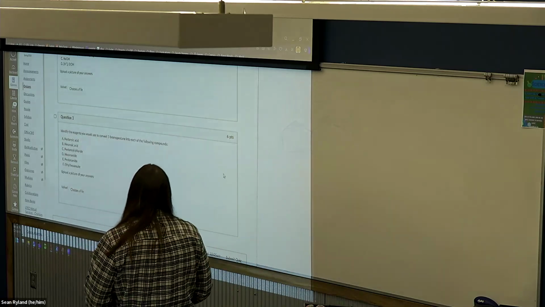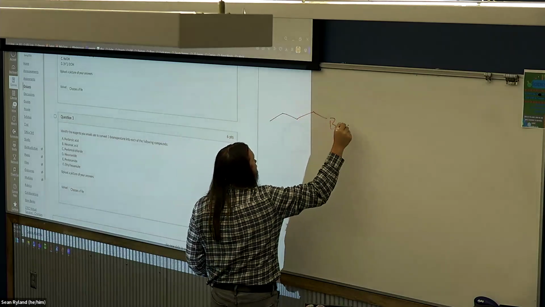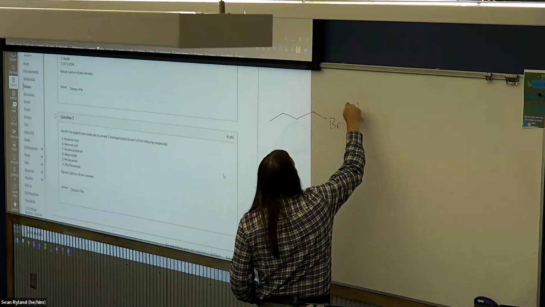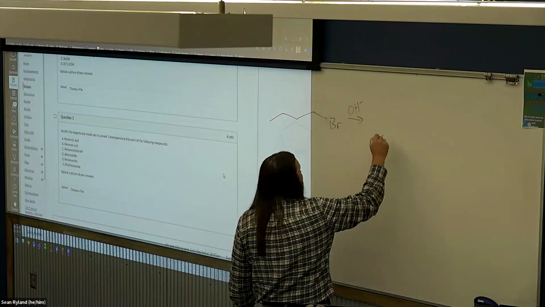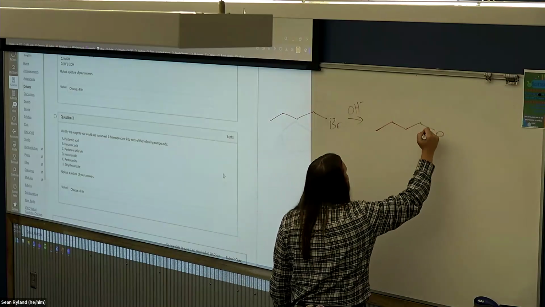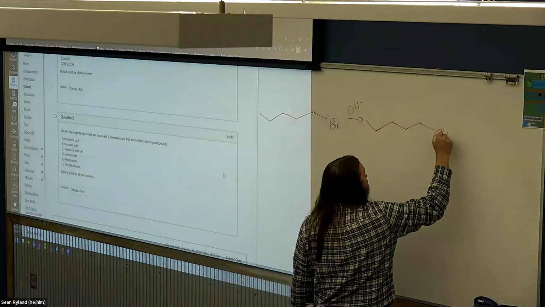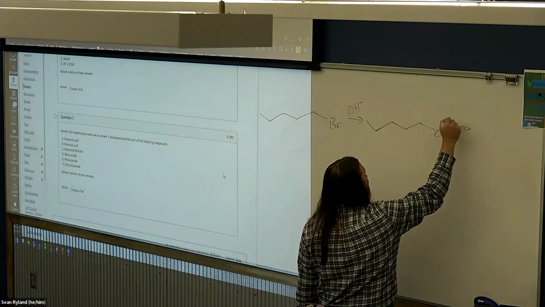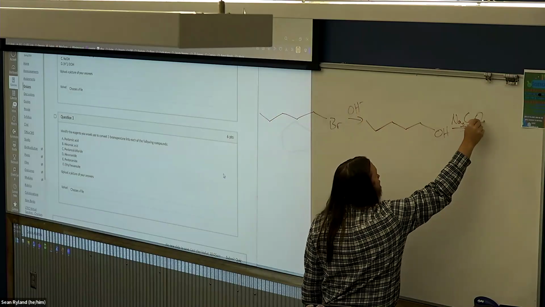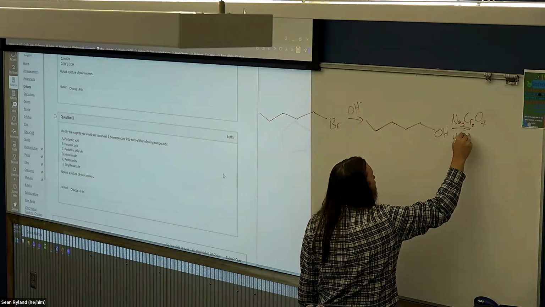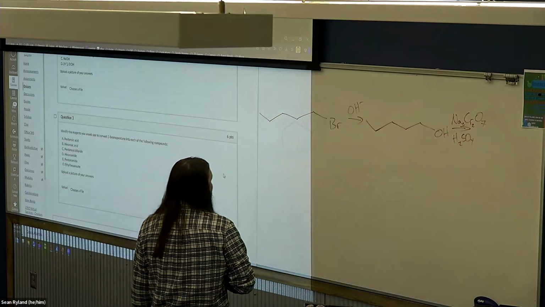So for pentanoic acid from 1-bromopentane, I would do hydroxide in an SN2 to make 1-pentanol. Follow it up by dichromate in H2SO4, whatever acid it was. I think it's H2SO4 to give you the fully oxidized version.